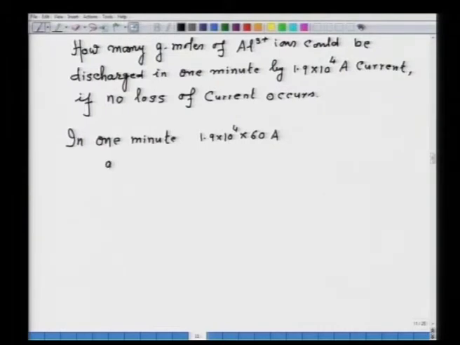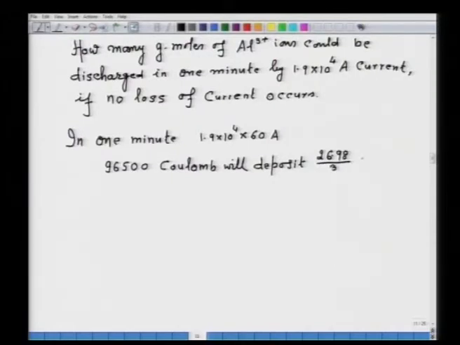Now, you know 96,500 coulombs will deposit the molecular weight of aluminum, 26.98 divided by 3 gram of aluminum. That is the definition. So, therefore, this will be approximately equal to 1.14 into 10 to the power 6 coulomb.